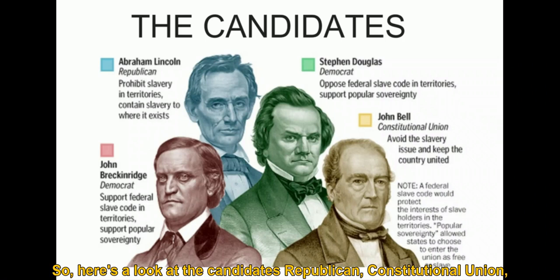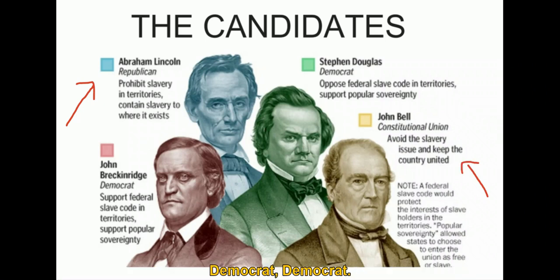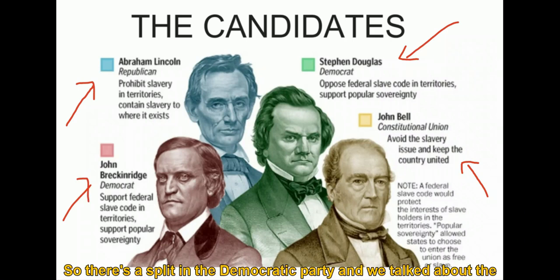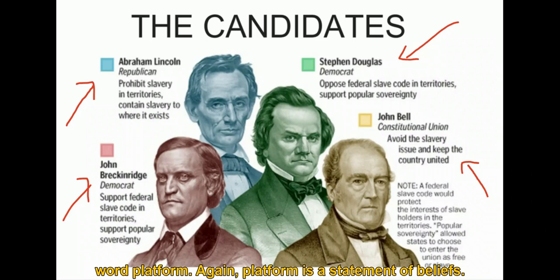So here's a look at the candidates. Republican, Constitutional Union, Democrat, Democrat. So there's a split in the Democratic Party. And we talked about the word platform. Again, platform is a statement of beliefs.